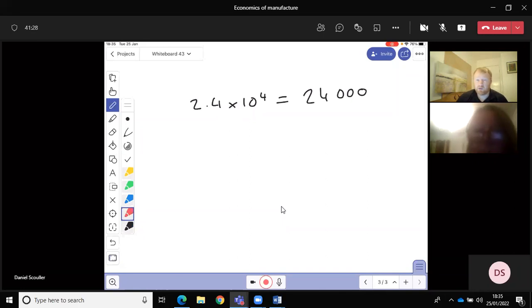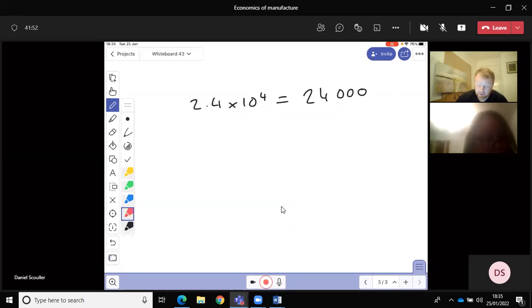Now, in the exam, it will normally ask you to leave it in scientific notation. In the off chance the number looks better not in scientific notation, it might ask you to do it the other way. Very, very rare, but you can do it.